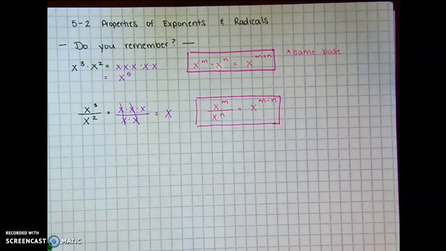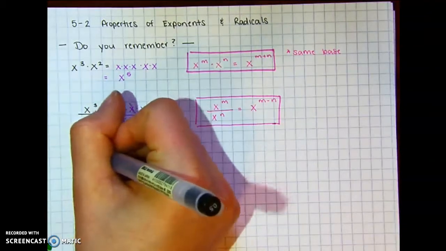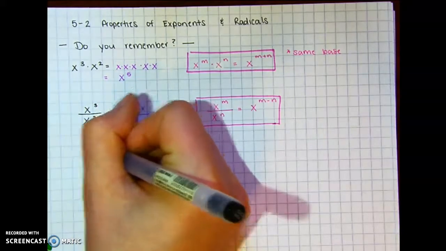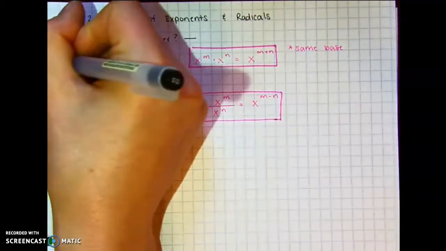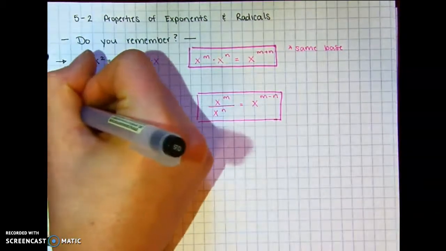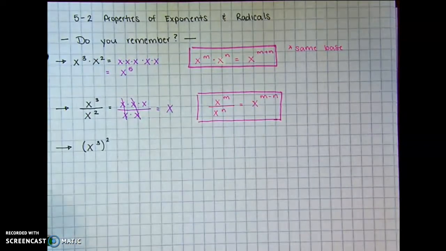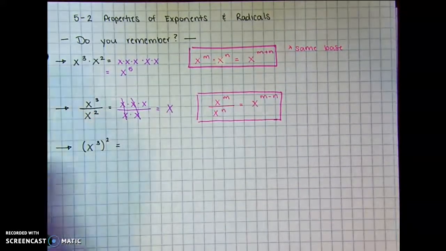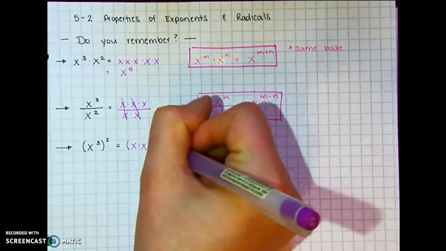Okay, what if you're raising a power to a power? So if we have x cubed squared, we could think of this as x times x times x, because that's x cubed, so in parentheses, x times x times x.